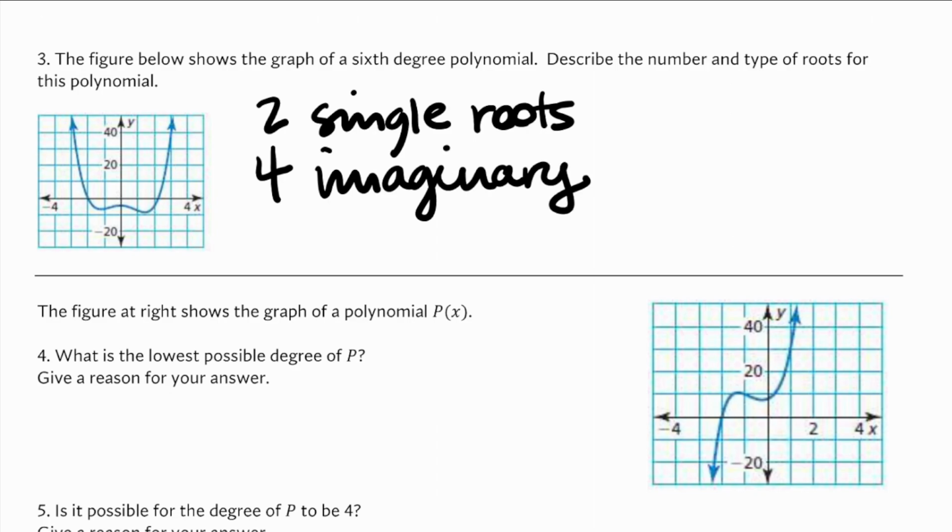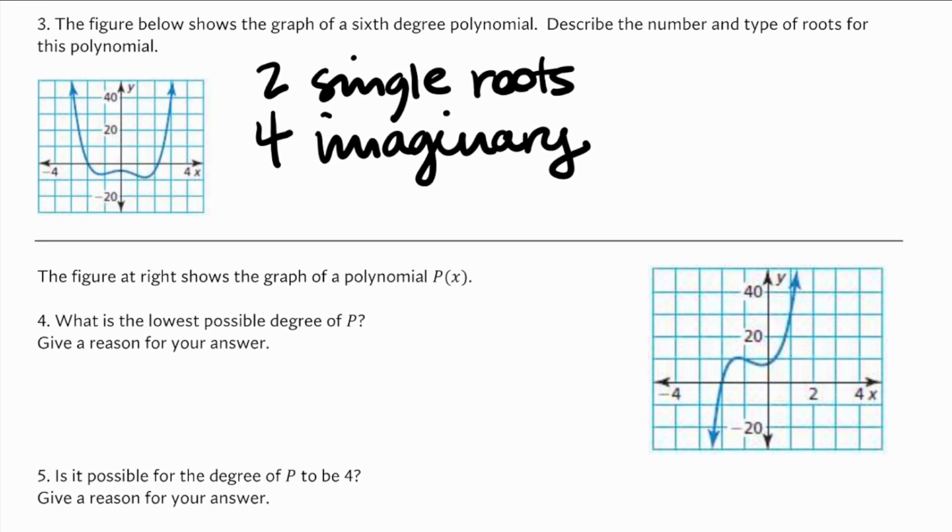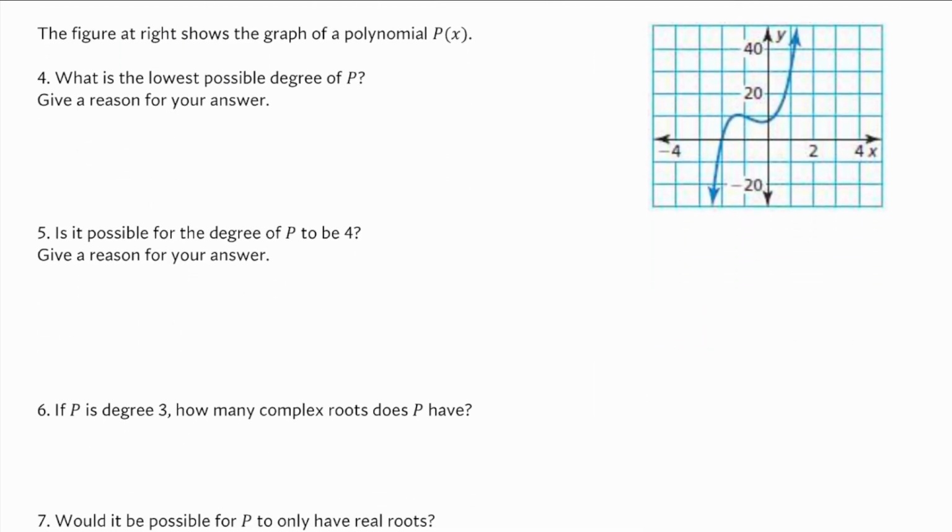And by imaginary in this context, I mean non-real complex. Okay, but there are 2 single roots, 4 imaginary roots. That does add up to 6 degrees. That's the reason I chose 4. I think one thing I didn't point out in the video that I'm hoping you're noticing is that there's always an even number of imaginary roots. Okay, but again, more on that next time.